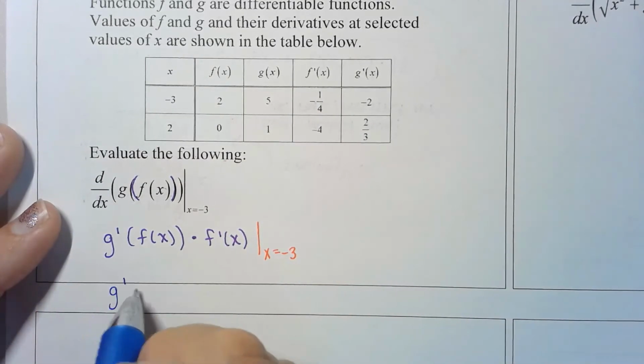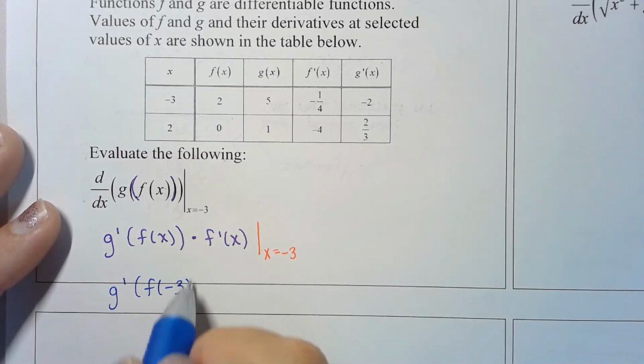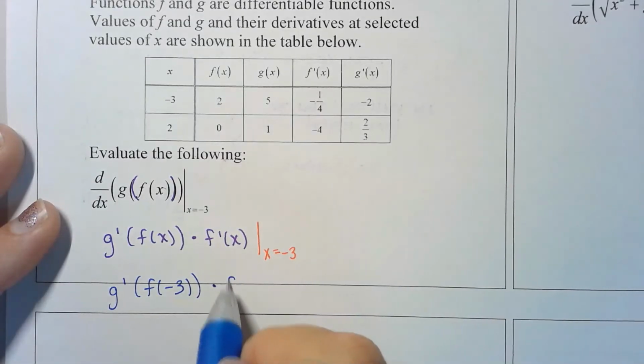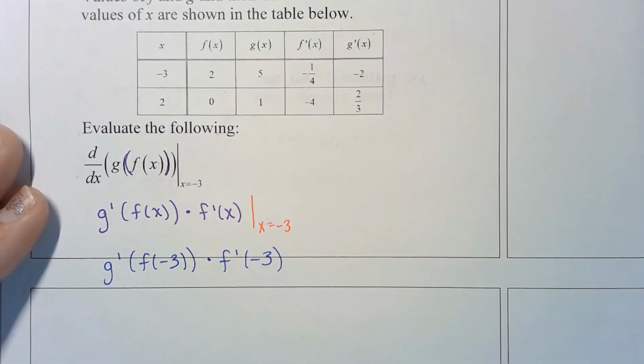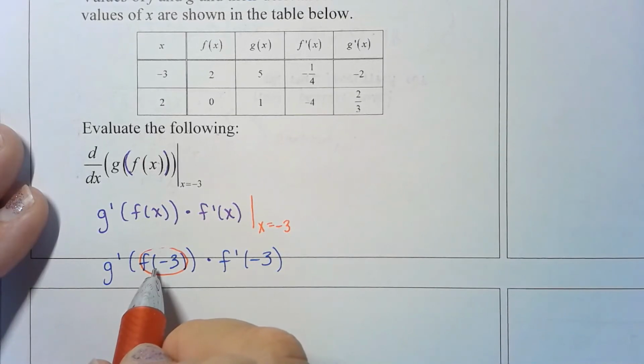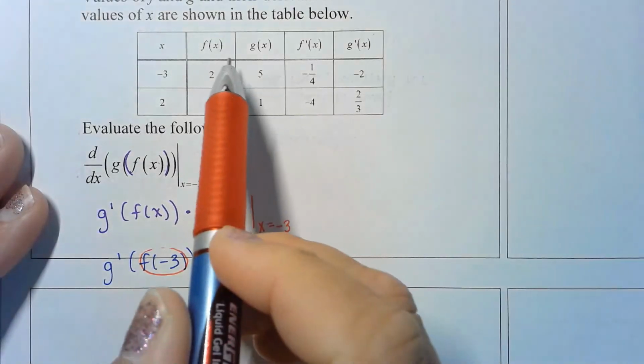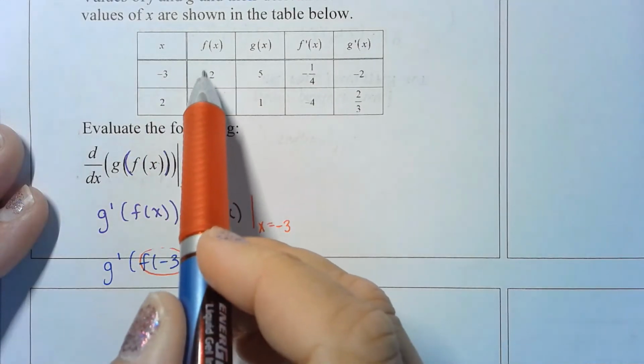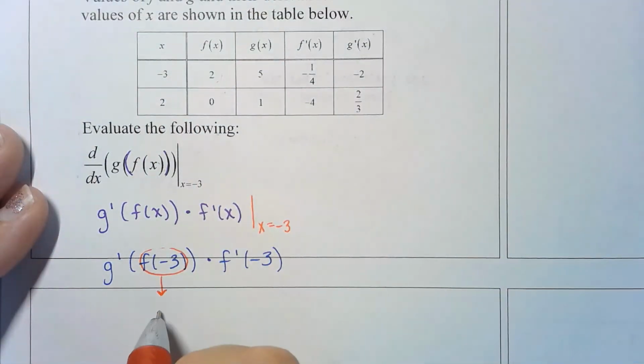So I have g prime of f of -3 times f prime of -3. All right, let's go plug some things in or find some values. Remember, we start on the inside. F of -3 from the table, f at -3 is 2.